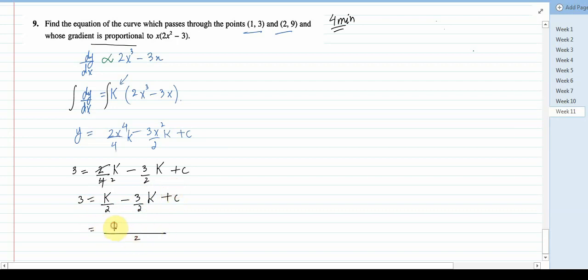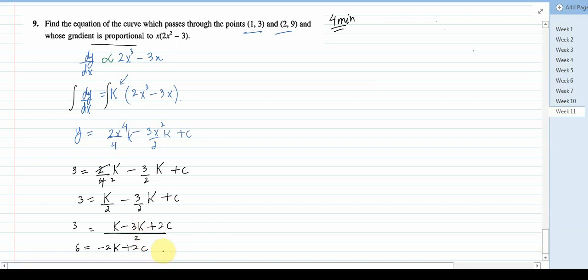So k minus 3k plus 2c equals 6. By cross multiplication I get 6 equals k minus 3k, which is minus 2k plus 2c, and I will leave my first equation as it is here.